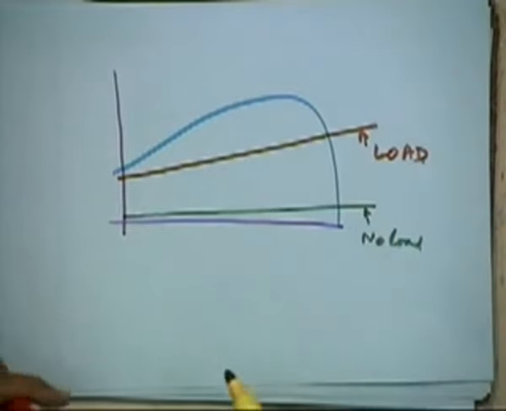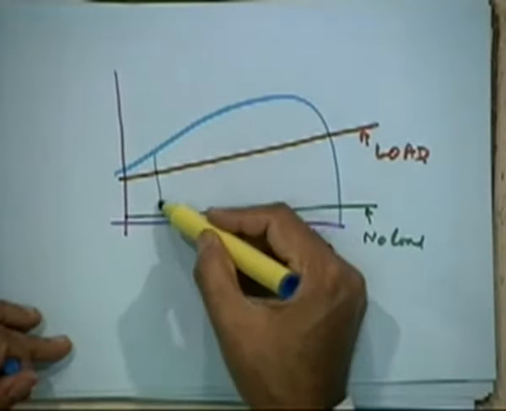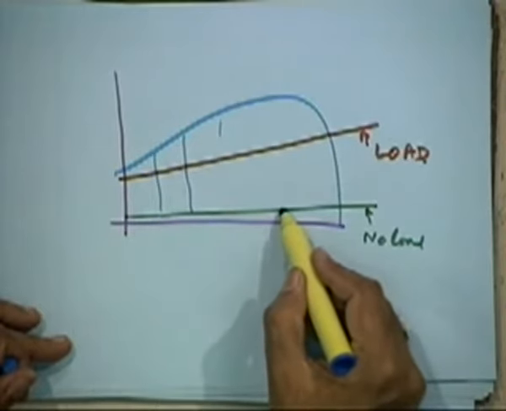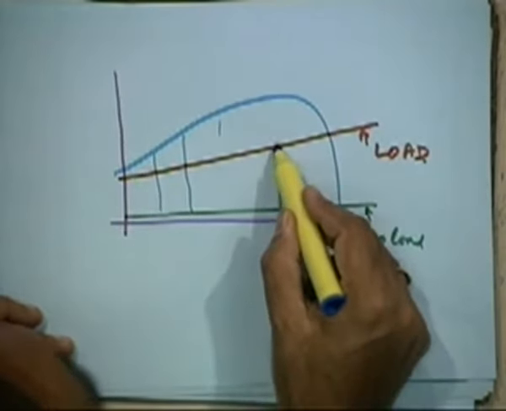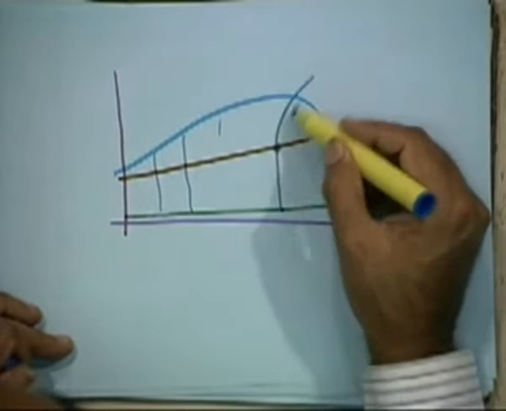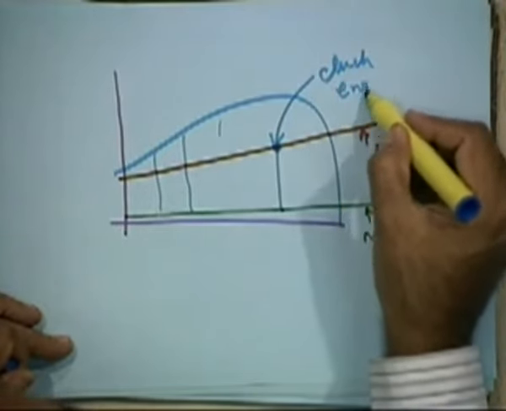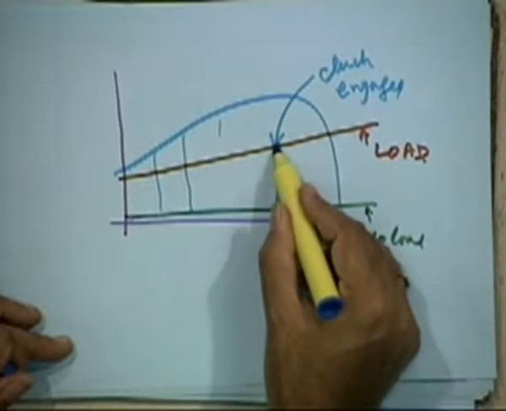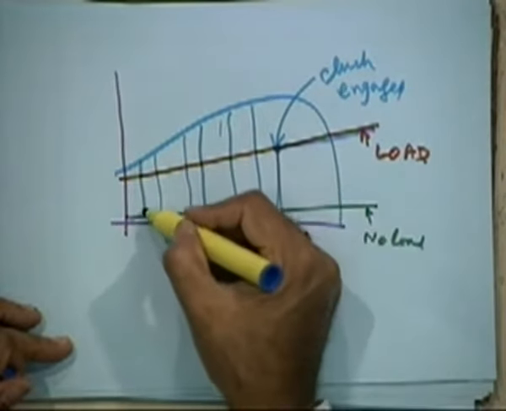Now what you notice is that the accelerating torque initially will be very high, because the opposing torque will be this. After some speed, you engage the load; this is when your clutch is engaged. So this is the path that you will follow. What will be the accelerating torque?